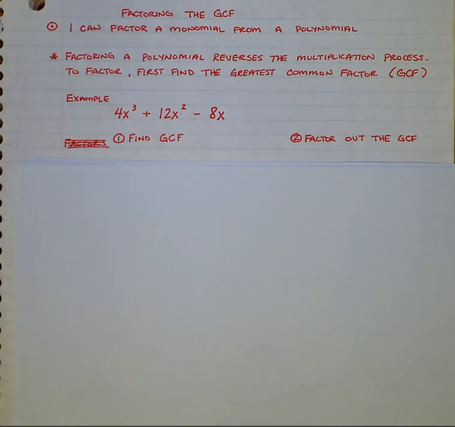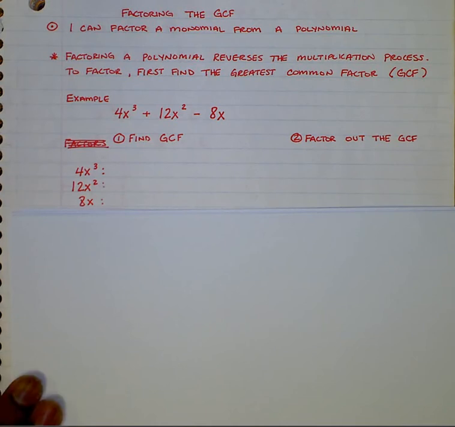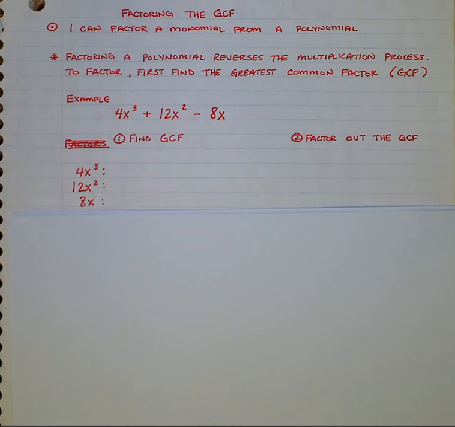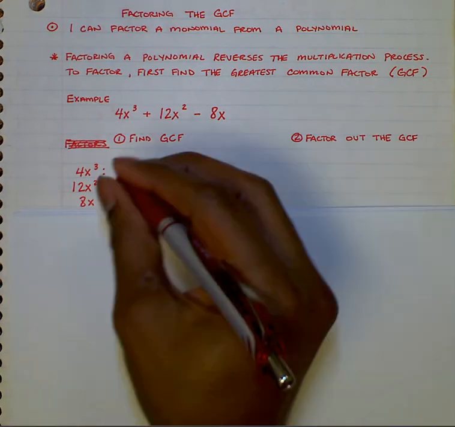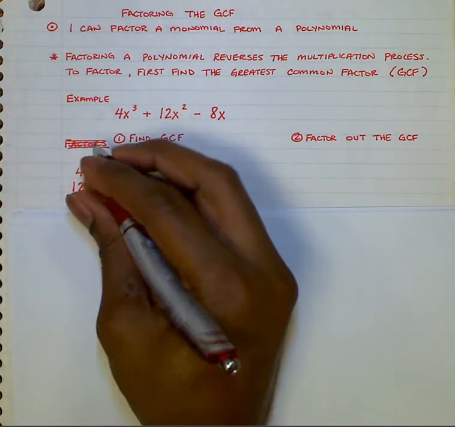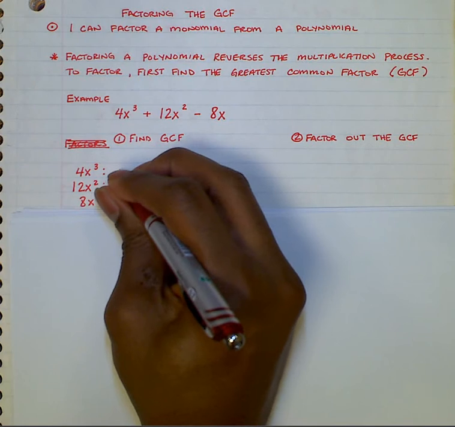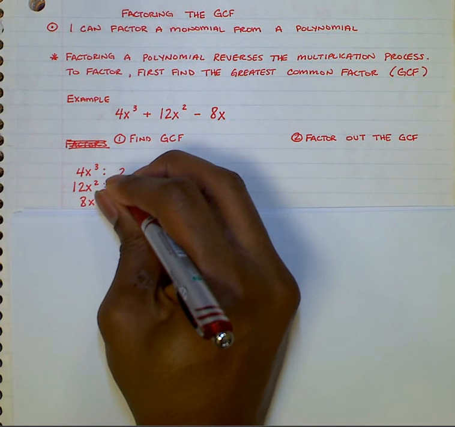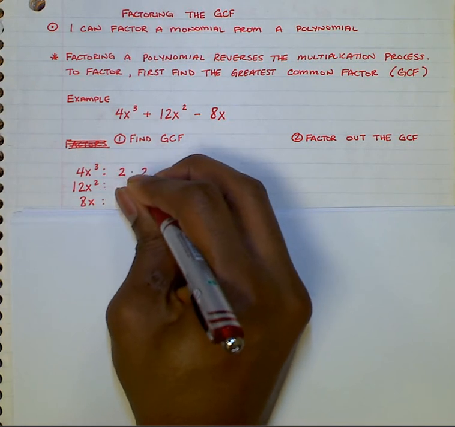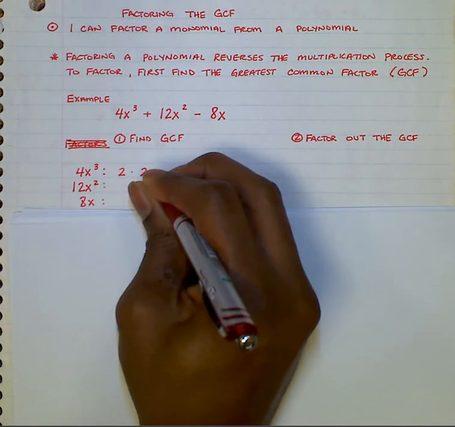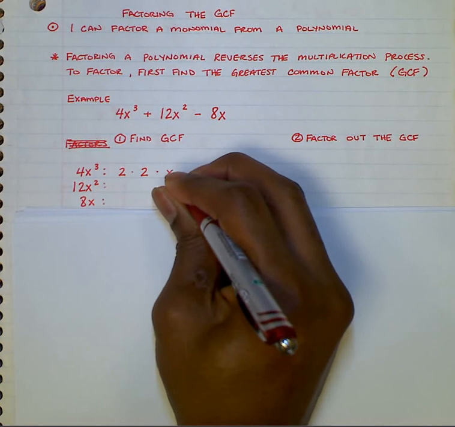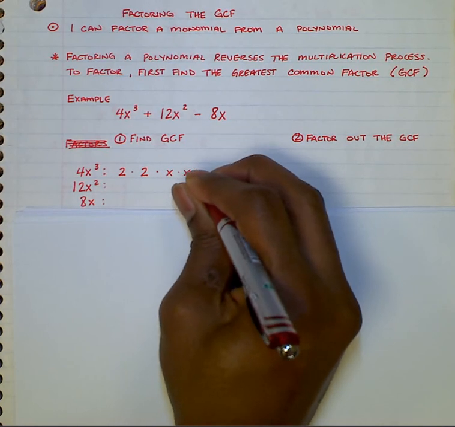And this is how we'll find that greatest common factor. I have all the terms listed out here: 4x cubed, 12x squared, and 8x. And I'm just going to list out basically how you multiply to get to them. Okay, so 4, I can get to 4 if I do the prime factorization. I can do 2 times 2. Okay, that gives me 4 times x times x times x gives me x cubed.